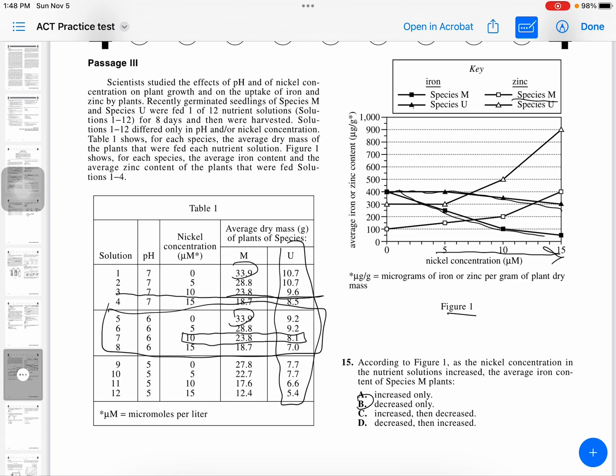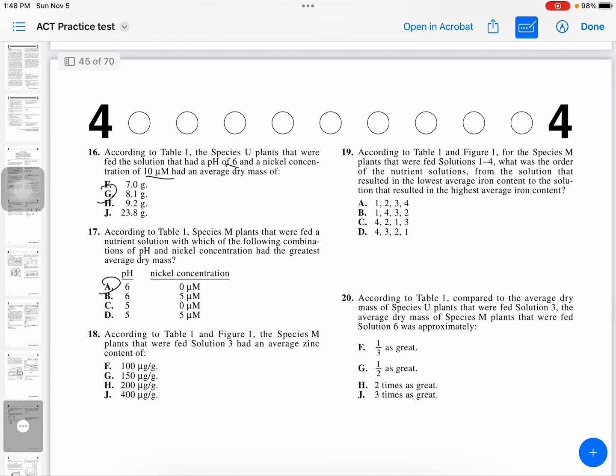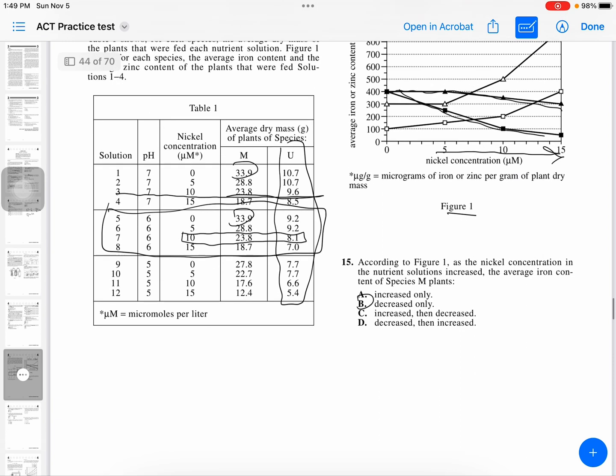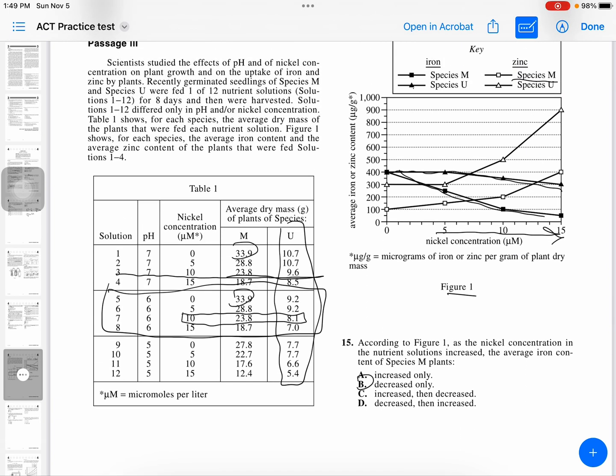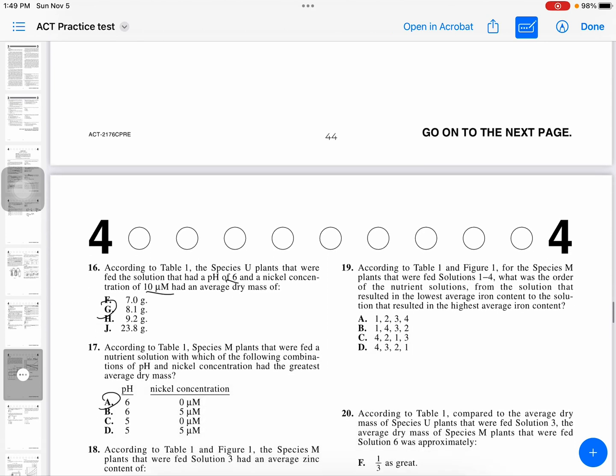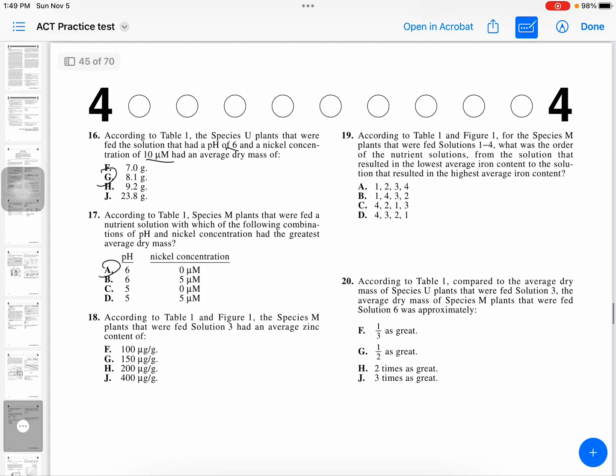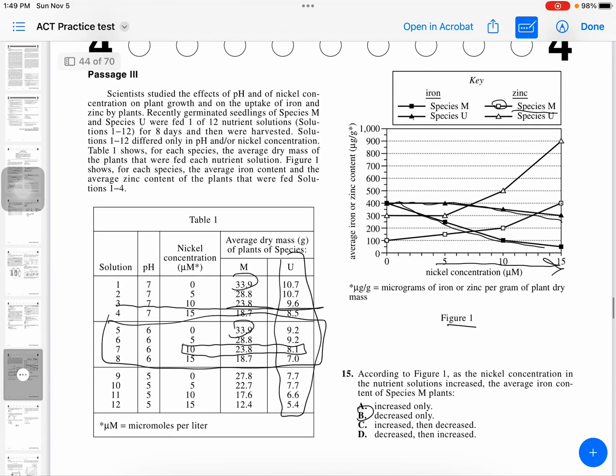pH 7, nickel concentration. Oh, this is interesting. But solution 3 had an average zinc content of, let's look, we're at this open square, go from 100 to 400 over a change of 15 in nickel concentration, which gives us 100 to 200, change in 200, sorry, 300.